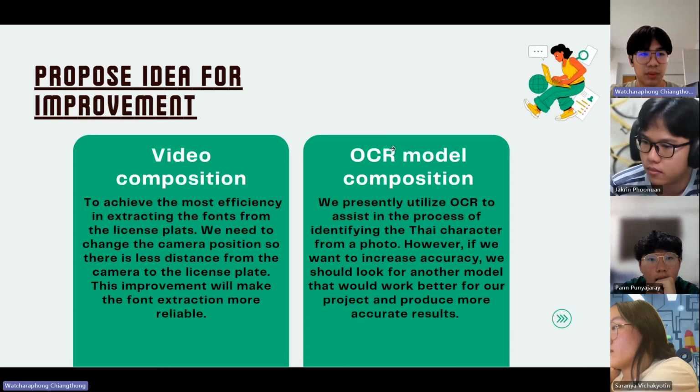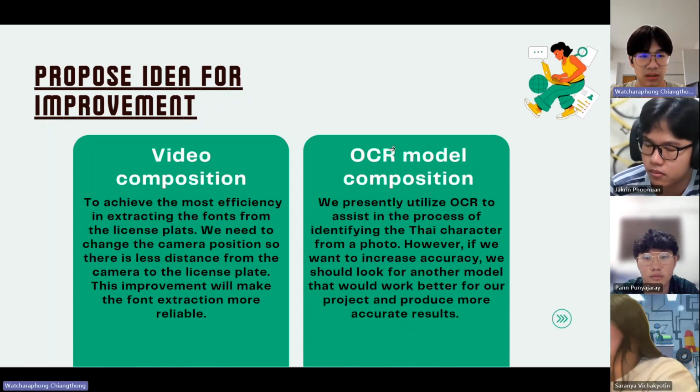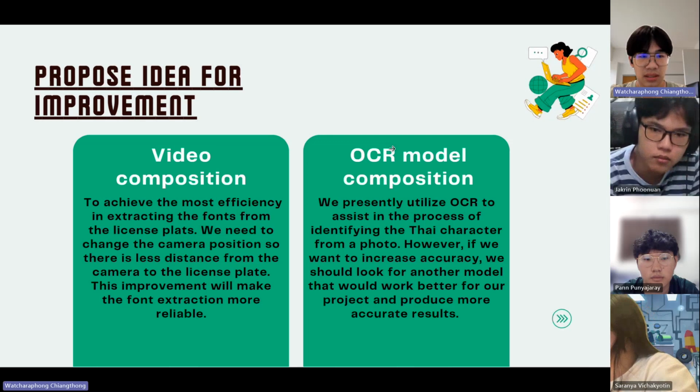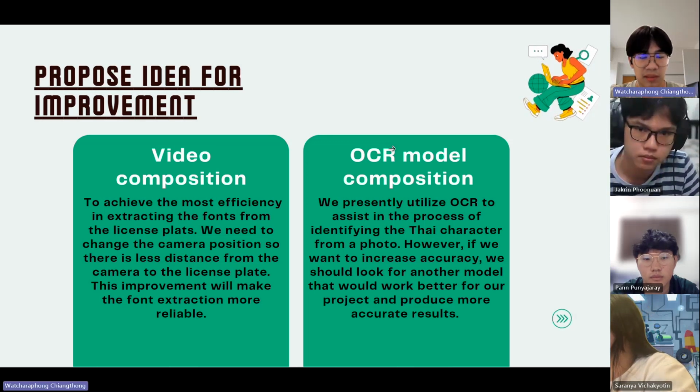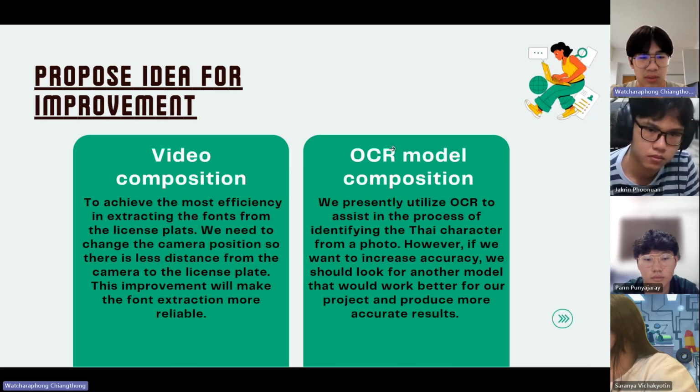So next is the proposed ideas for improvement. First, the video composition. To achieve the most efficiency in extracting the font from the license plate, we need to change the camera position so there is less distance from the camera to the license plates. This improvement will make the font extraction more reliable.